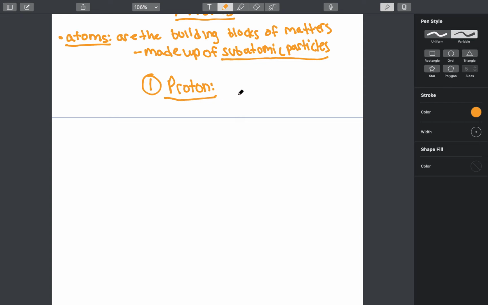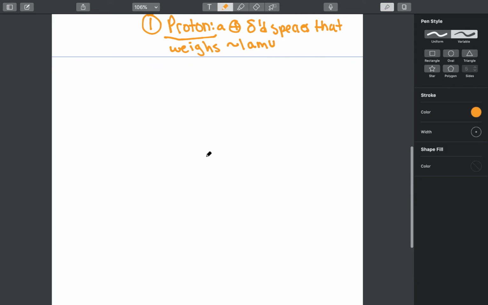Now the proton is a positively charged species that weighs around 1 atomic mass unit, or 1 AMU. So hold on, what is an atomic mass unit?